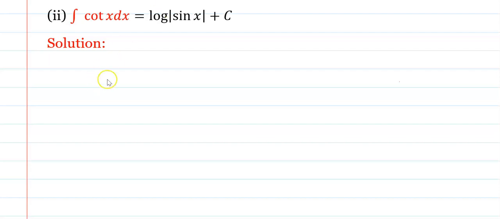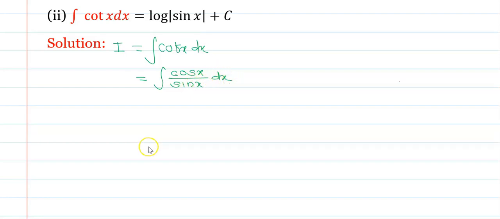The I is equal to integral of cot x dx, and this equals the integral of cot, cot means cos x upon sin x, into dx.